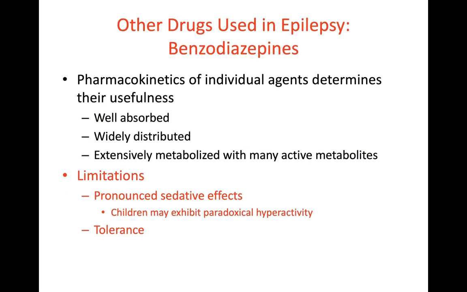Which agent we use comes down a lot to their pharmacokinetics. Most of these are pretty well absorbed. They get distributed throughout the body. They get metabolized. Some have active metabolites, which we have to worry about. But we do see pronounced sedative effects in most patients.